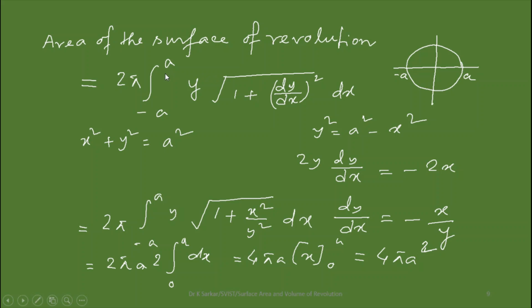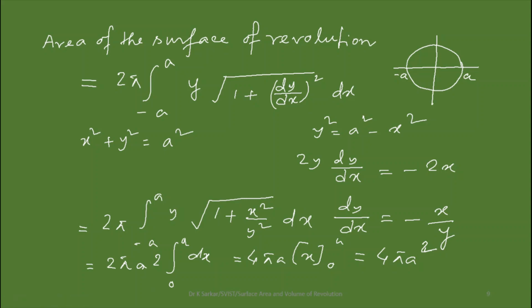Here the limits for x are minus a and a. From the circle equation we can find dy/dx, that is minus x by y, and let us put this in the formula. We get in the numerator x square plus y square, which is actually a square, and square root of a square is a, and that is out of integration.